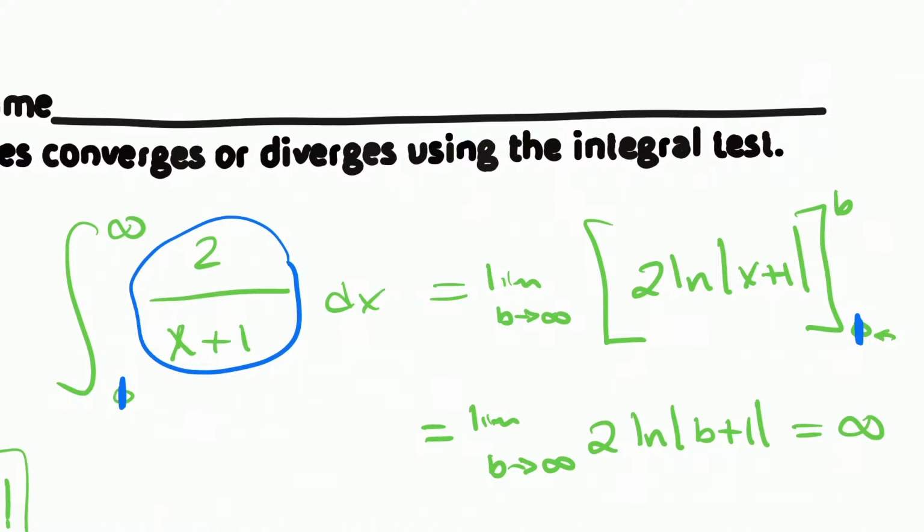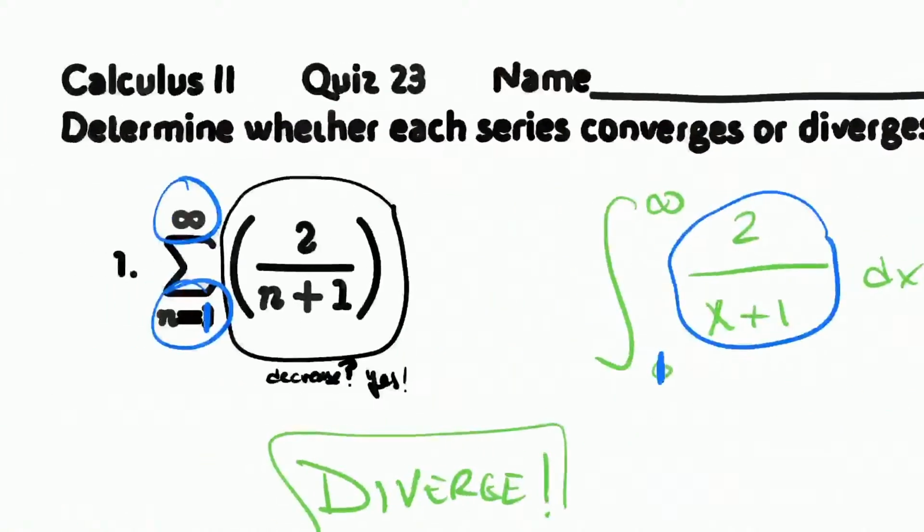Anyway, this is the correct notation. That limit is infinity. And because this is infinite, the summation will also be infinite, meaning that it diverges. If the summation was finite, it doesn't matter what it is, then the original series will be finite. So they always share the same fate.